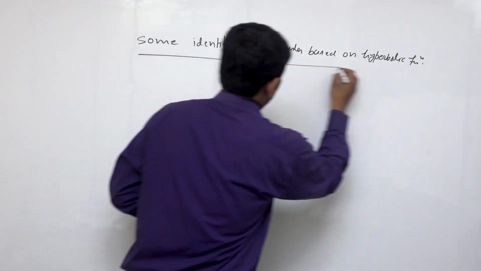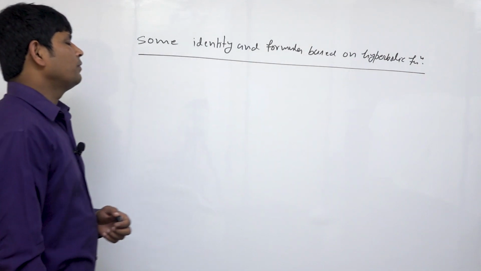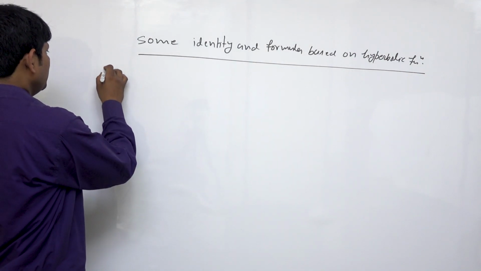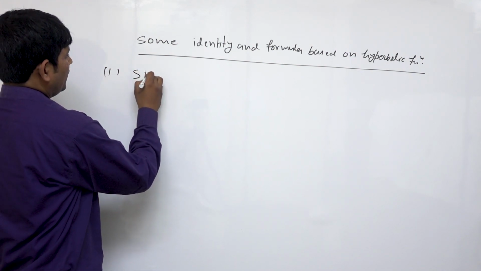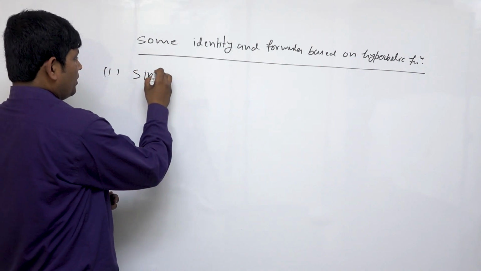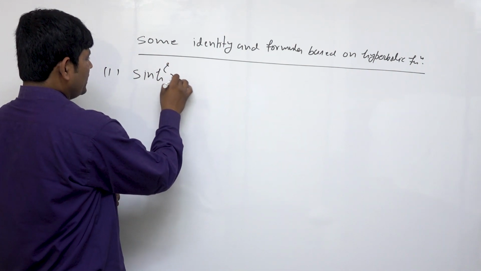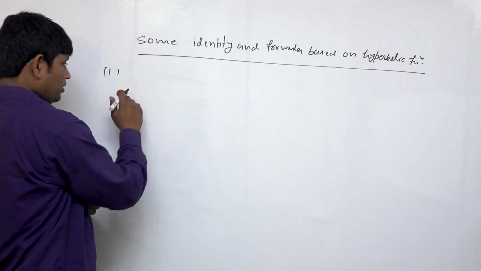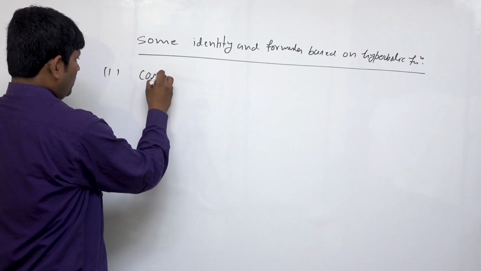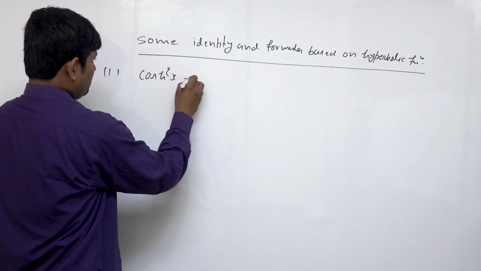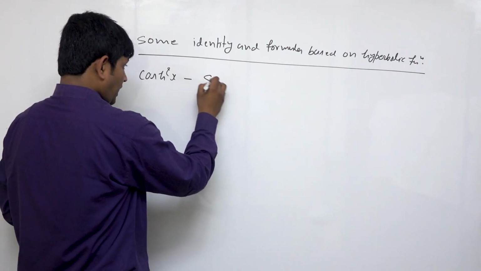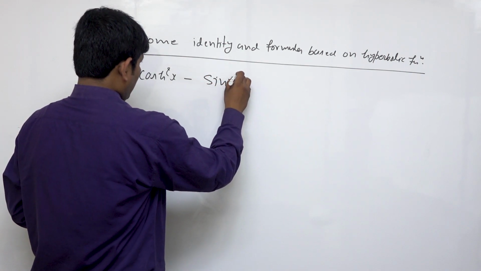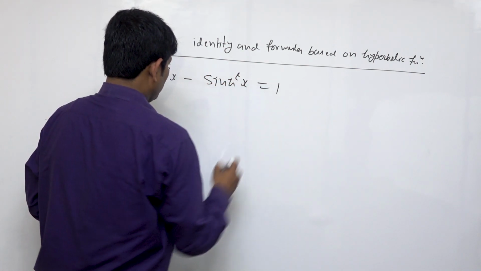Some identities and formulas on hyperbolic function. The first is, not sine, it will start with the cos: cosh squared x minus sinh squared x is equal to 1.